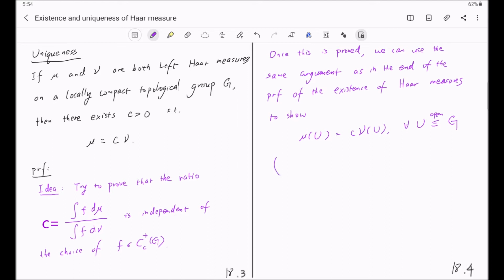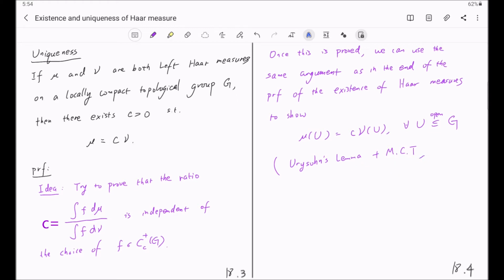Remember, back then we used Urysohn's lemma together with the monotone convergence theorem. We constructed a sequence of functions with compact support in an increasing manner, and they will approximate the indicator function on U. That was the idea.